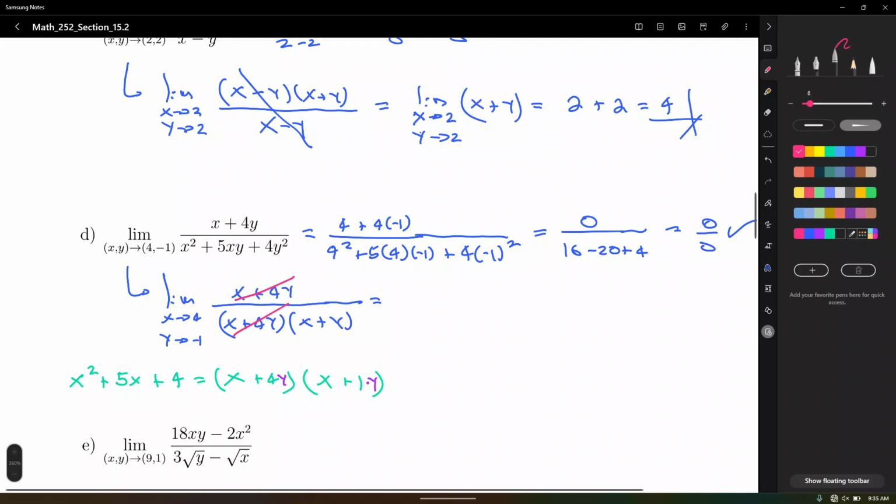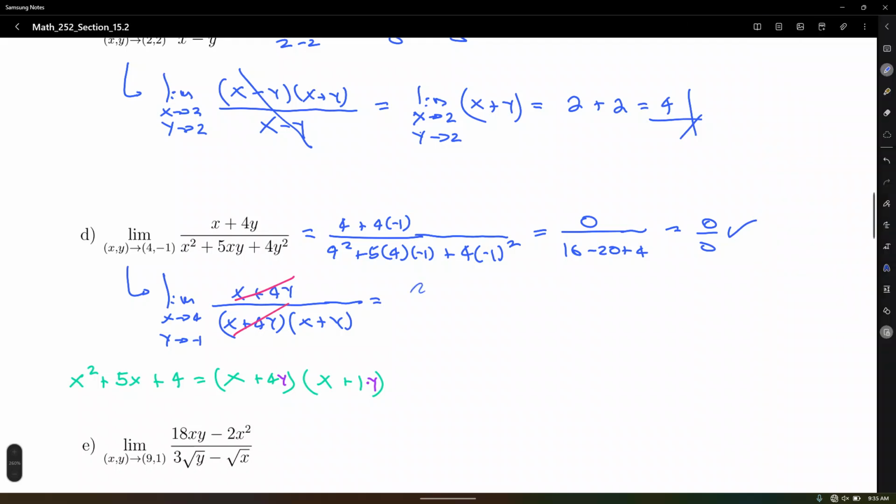That leaves us with the limit as x approaches 4, y approaches negative 1 of 1 over x plus y. Simply substitute 4 for x and negative 1 for y. That is 1 over 4 minus 1, which equals 1/3.